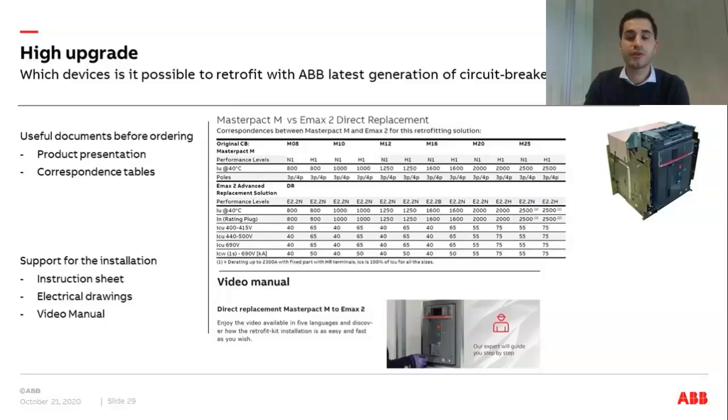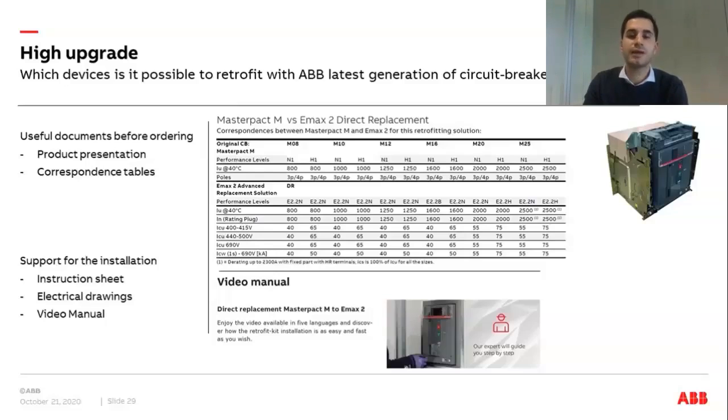These performances are not those of Masterpact or of Emax2, but are the performances of the direct replacement Masterpact Emax2 that are shared by our R&D after having tested the direct replacement, the retrofitting.